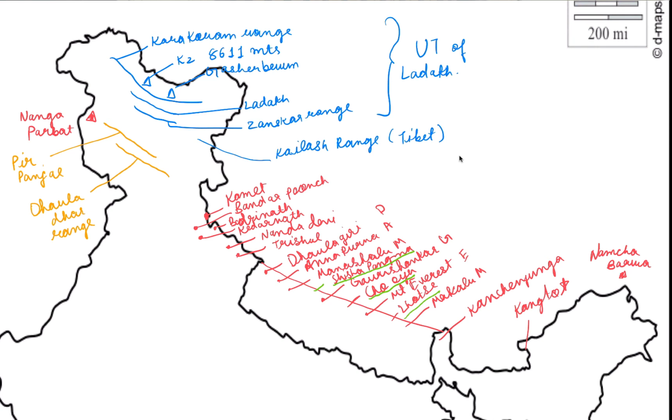After Dhauladhar range, there are a couple of important ranges in Uttarakhand. First being Nag Tibba, then there is Mussoorie range, and then finally there is Kumaon range.